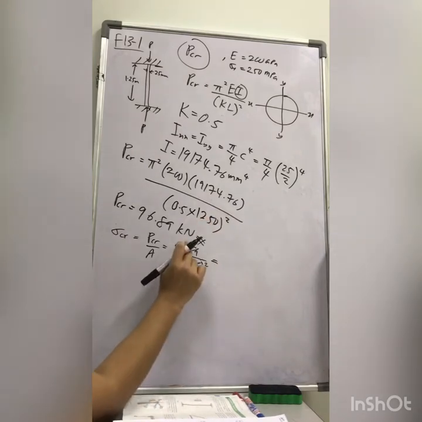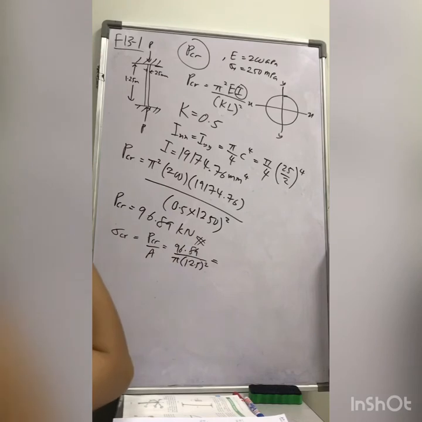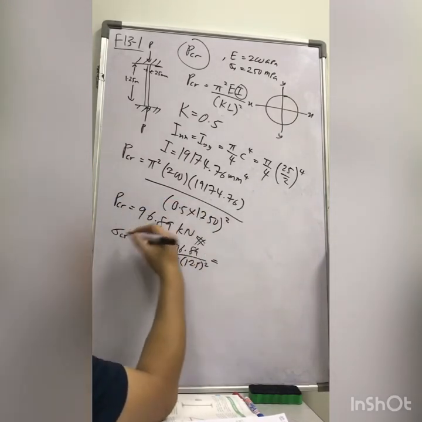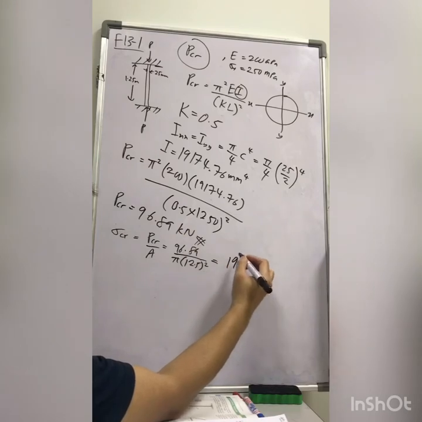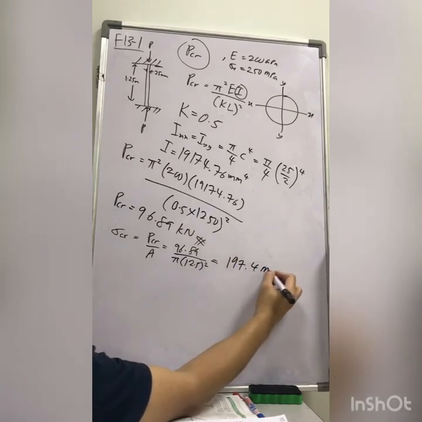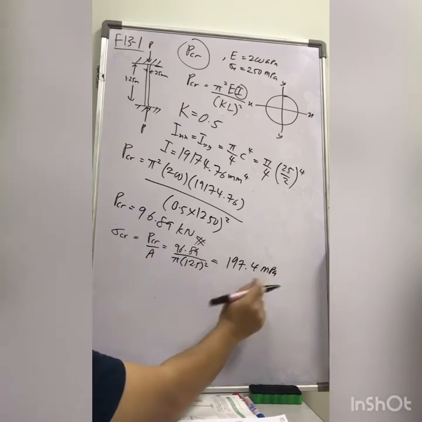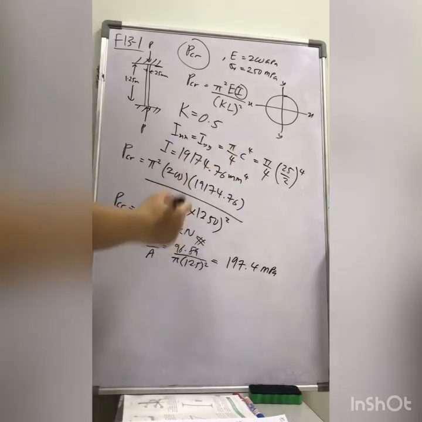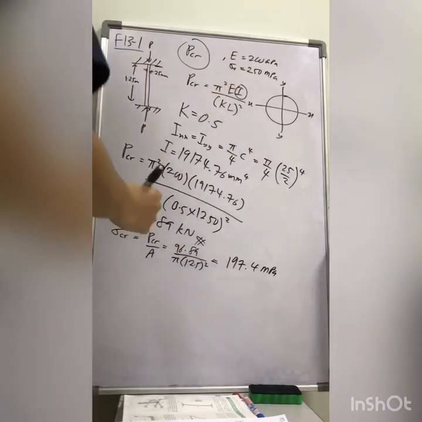You will get your answer in gigapascal, but you change it to megapascal, and it will be 197.4 megapascal. Can you see that this critical buckling stress, compared to the strength of the material itself?